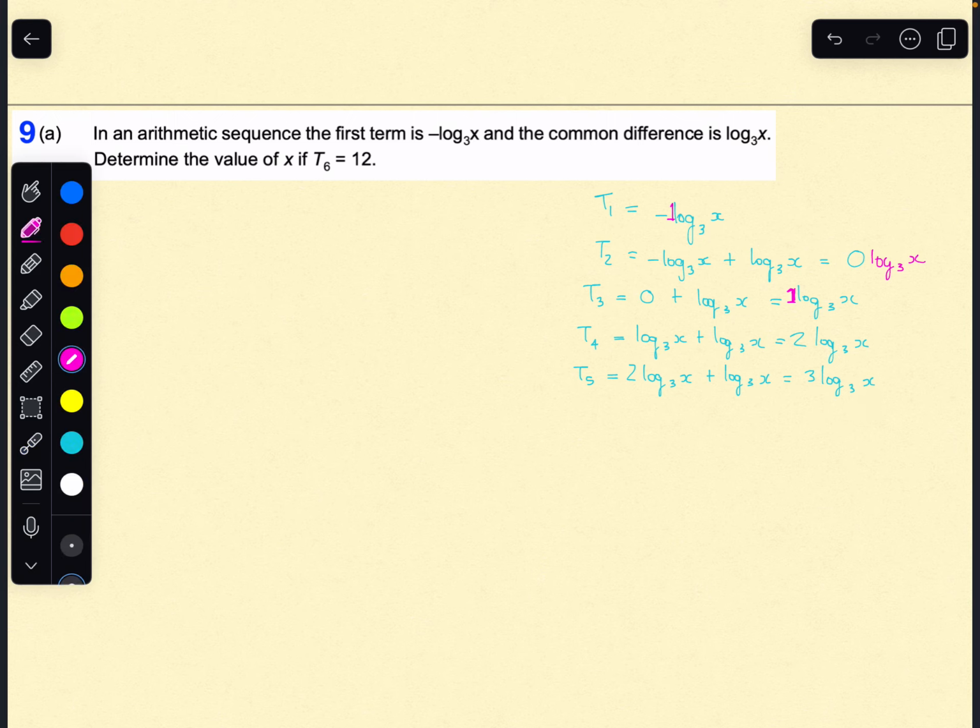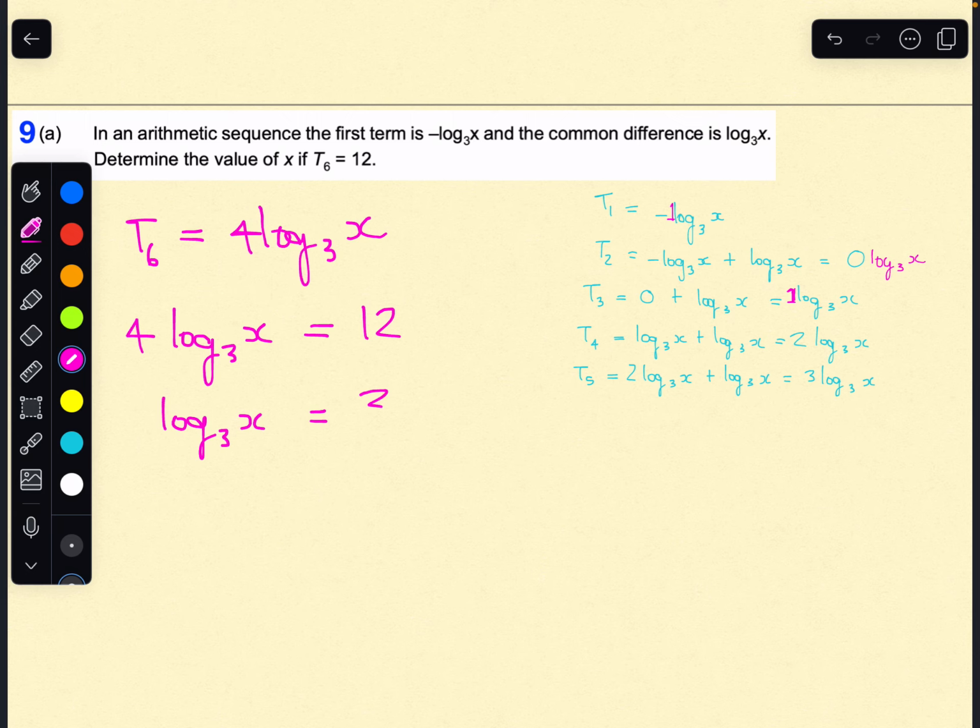So it only makes sense that term 6 will be 4 of them. So 4 log base 3 of x, and therefore 4 log base 3 of x is equal to 12, which means log base 3 of x is equal to 3.